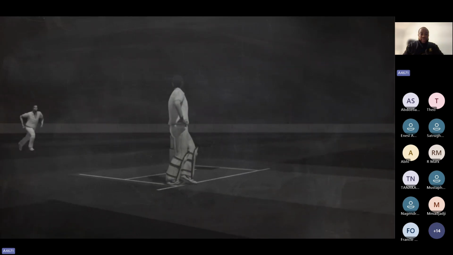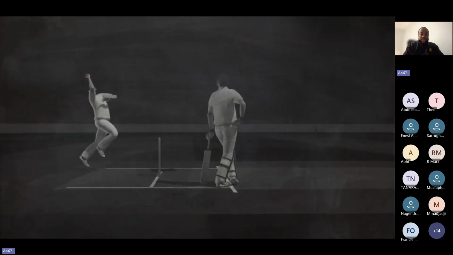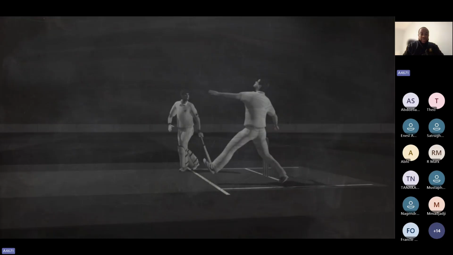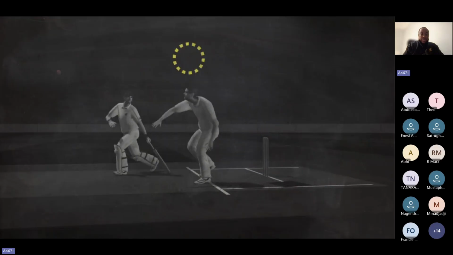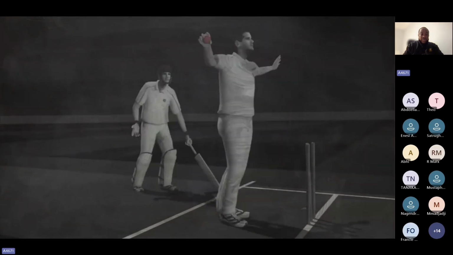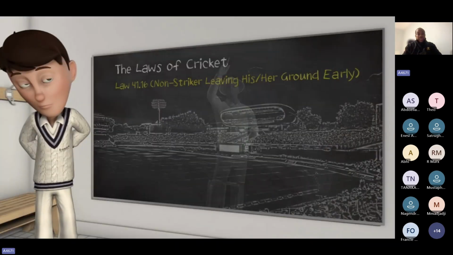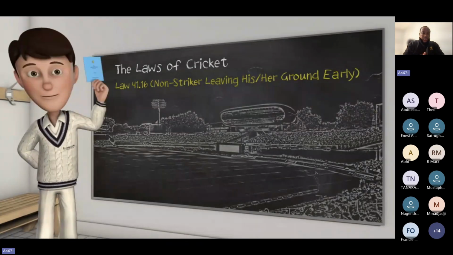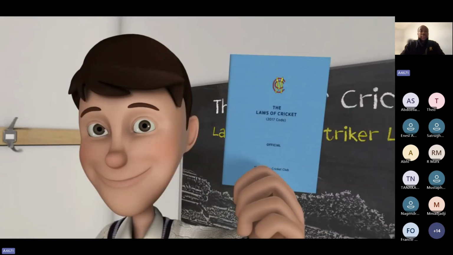The law doesn't require the bowler to give a warning, and he or she is entitled to run out the non-striker until the moment when he or she would normally have been expected to release the ball, in which case it's perfectly fair for the bowler to run the non-striker out. For more detail on this perfectly legal practice, see Law 4116 in the MCC's The Laws of Cricket.